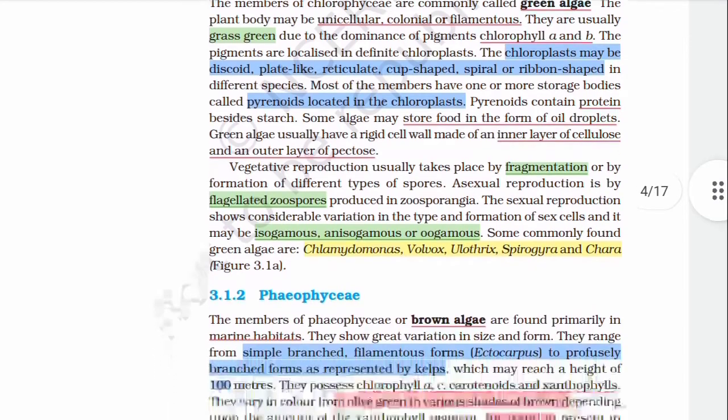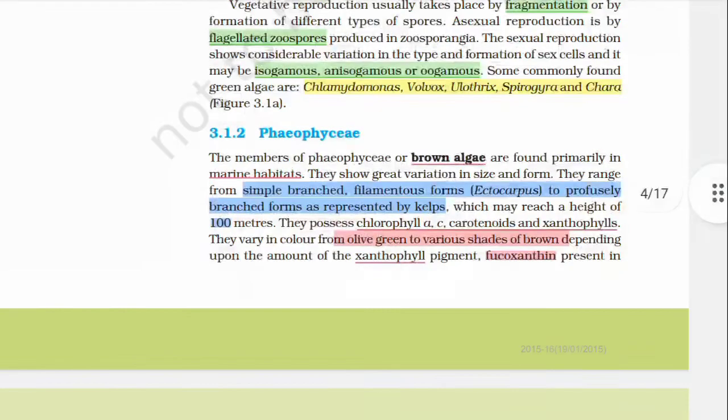Next, we will move on to Phaeophyceae. Phaeophyceae means brown algae and they are mainly found in marine habitats. Their size and forms are variable. It can be of simple branched filamentous form in Ectocarpus to profusely branched, that is, with more branches, represented by kelps.